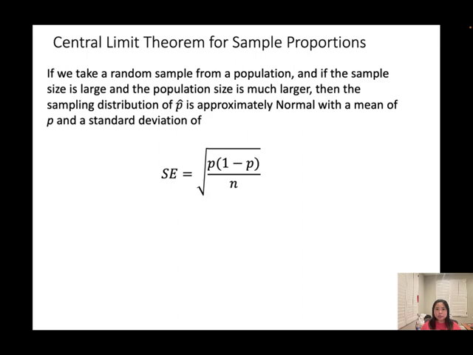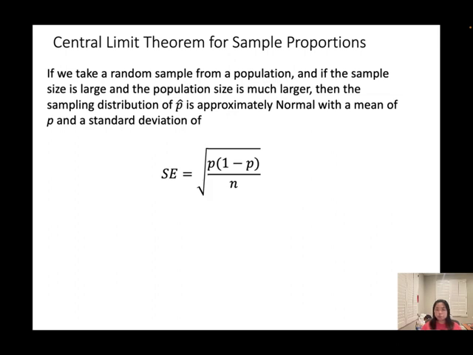If we take a random sample from a population, and the sample size is large, and the population size is much larger, remember in section 7.2 we talked about how if we increase the sample size, the histogram will become symmetric. And we need the population size to be 10 times the sample size.